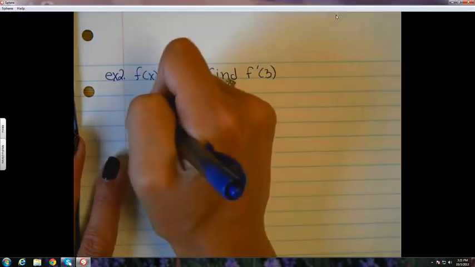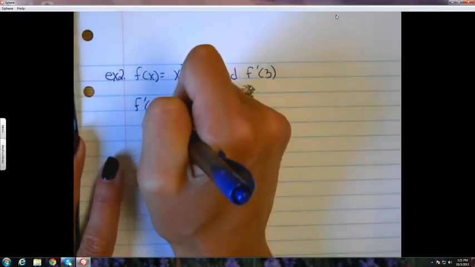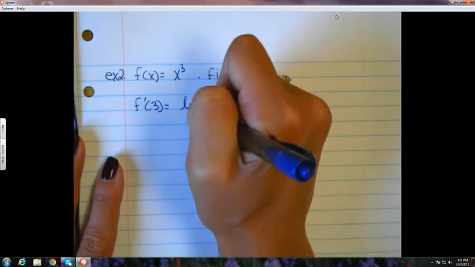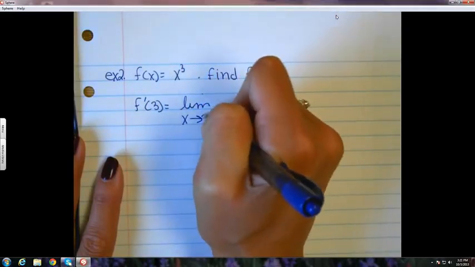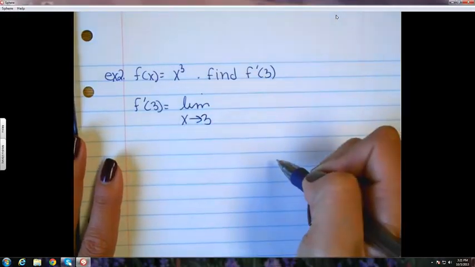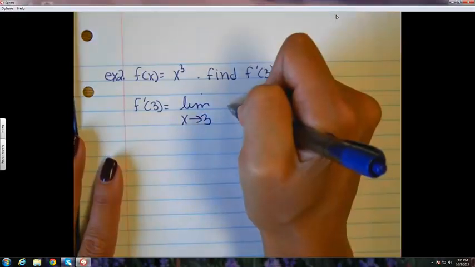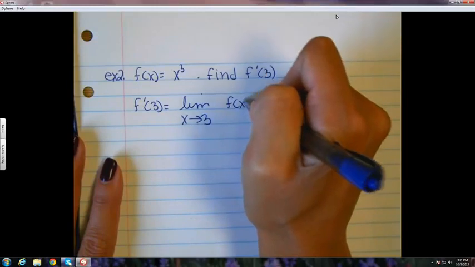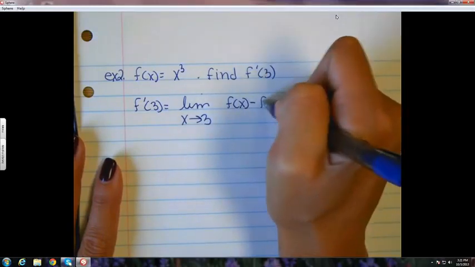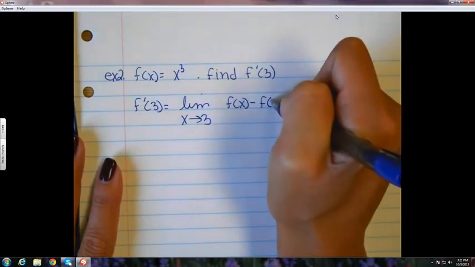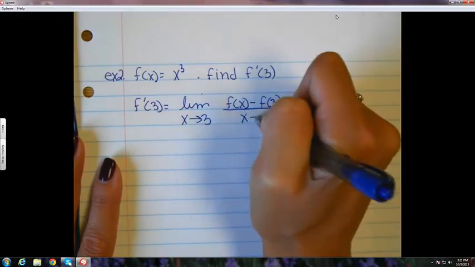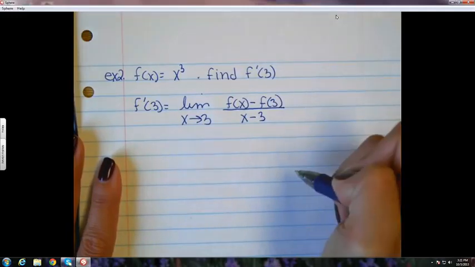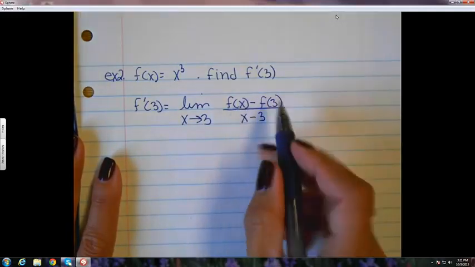So f prime of 3 equals the limit as x approaches 3. And that definition said, I'll even write it out, f of x minus f of our c value, all over x minus the c value. Now I'll plug in here and here.